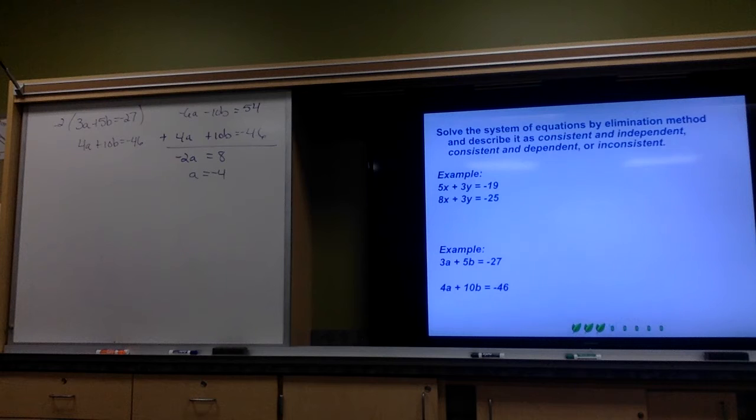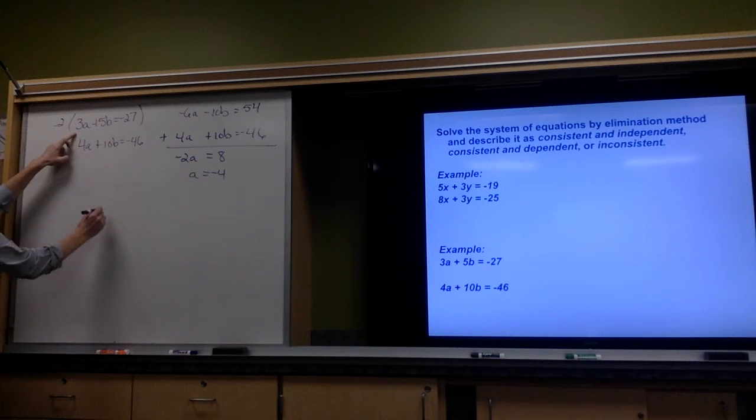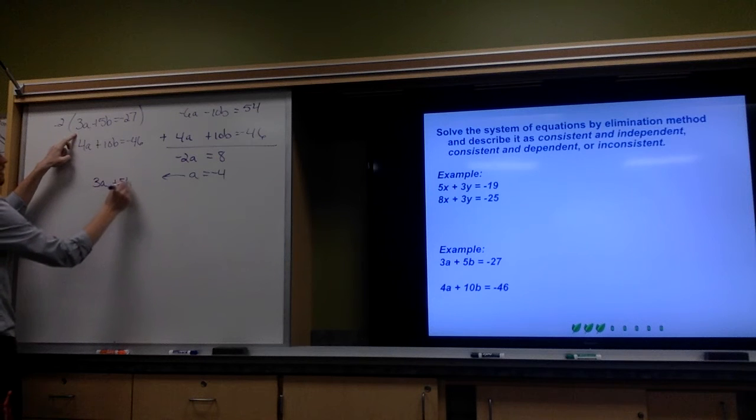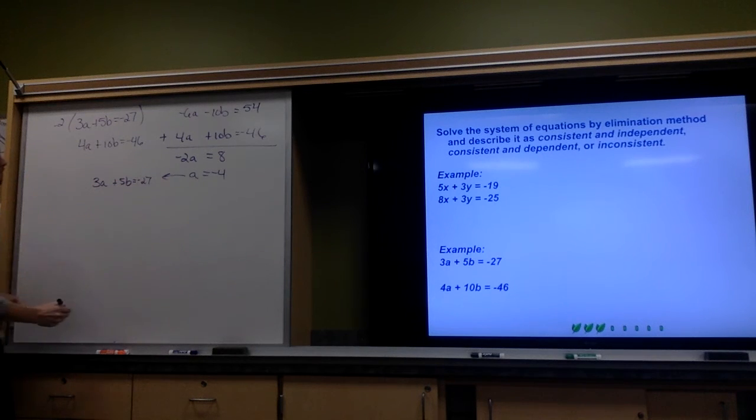Okay. Now, I'm going to substitute this somewhere. It doesn't matter where, to be honest with you. Is there an easier one to work with? I don't think so. We'll just pick the first guy. So I'm going to sub it into this. So 3a plus 5b equals -27.